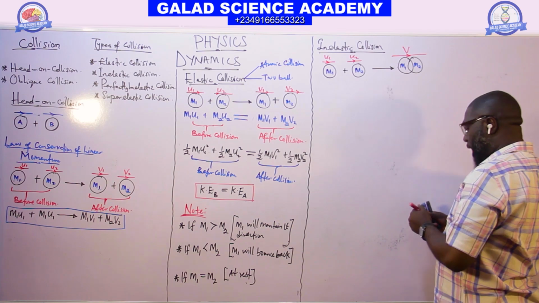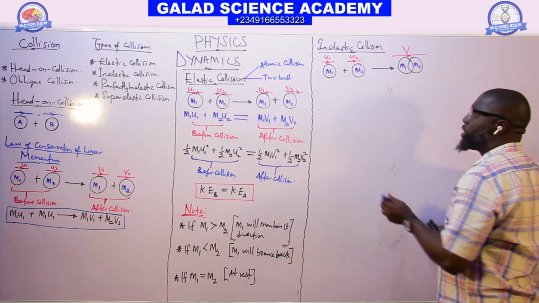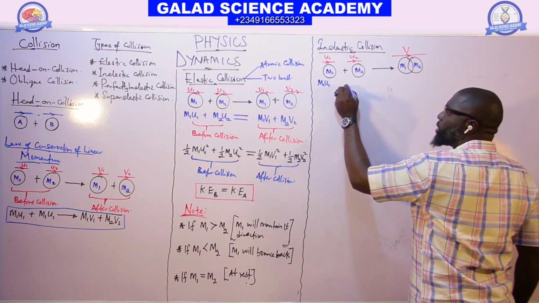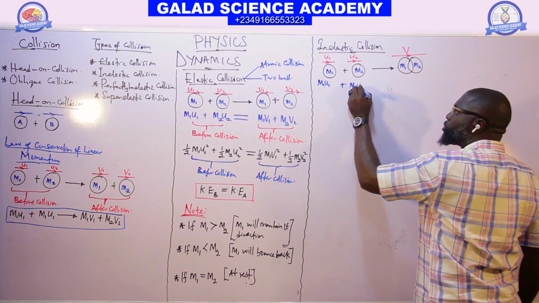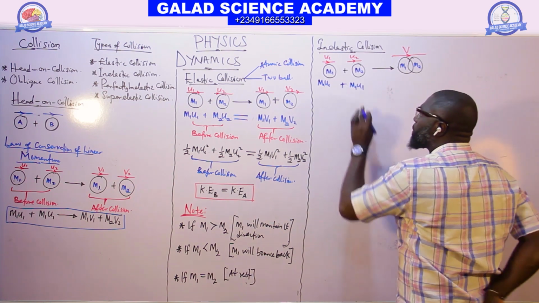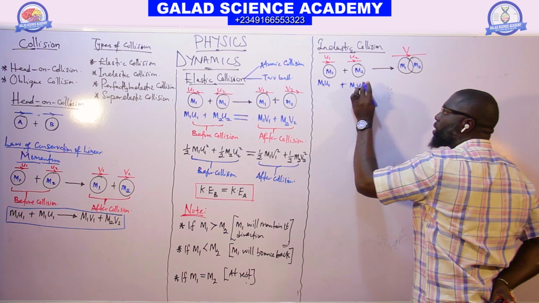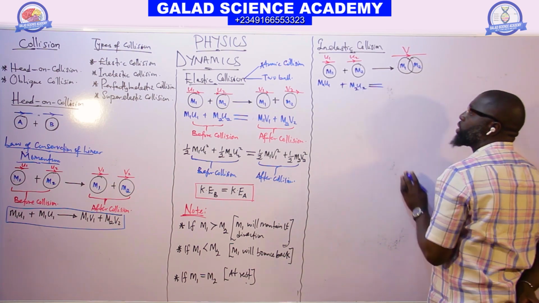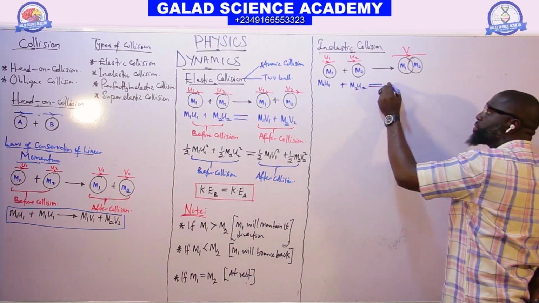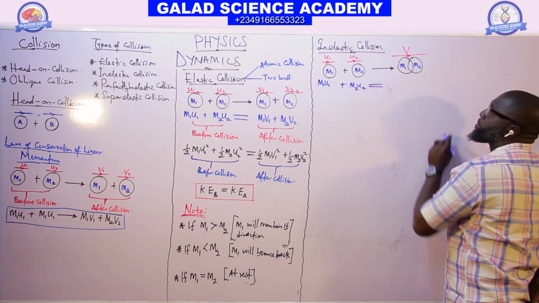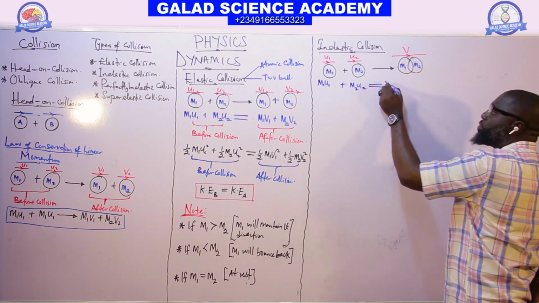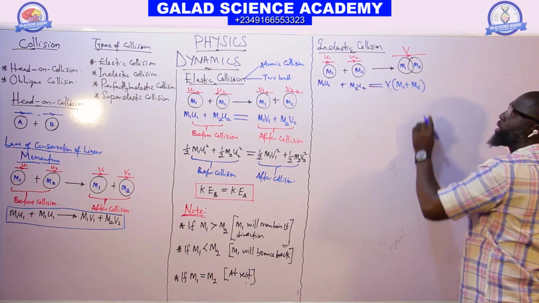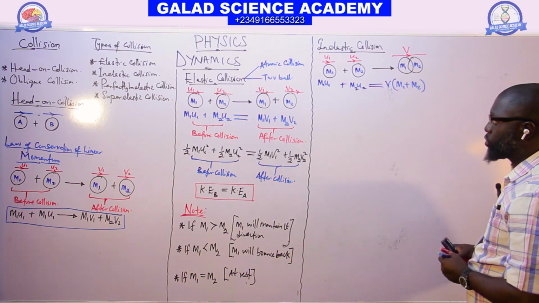Writing out the equation, we have m1 u1 plus m2 u2, which is momentum, equal to v into the sum of mass m1 plus mass m2.